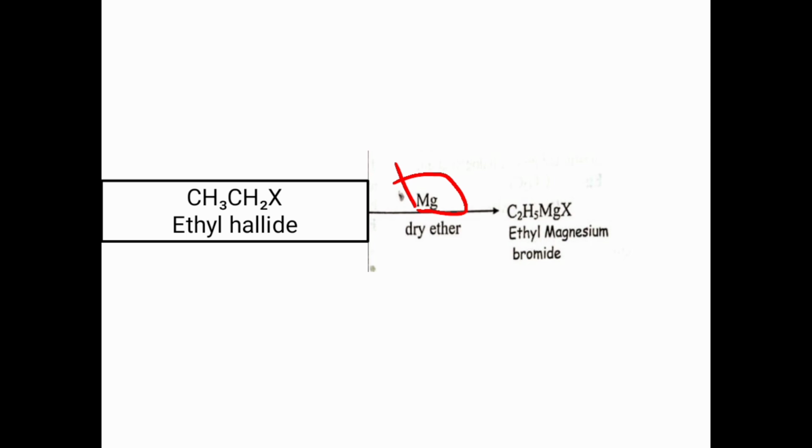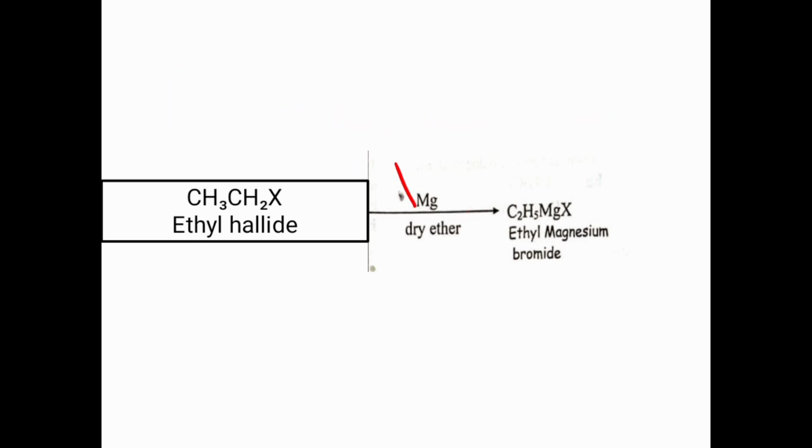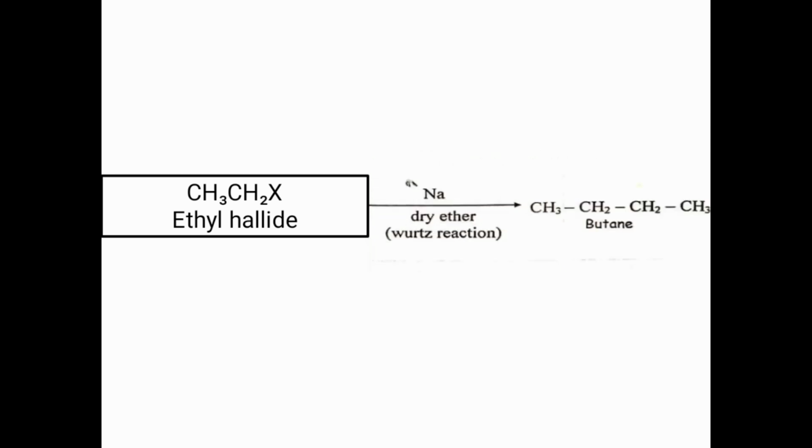This product is very famous and it is also known as Grignard reagent. We call this very important product Grignard reagent, and it is very important for many reactions. Let's go further. This is the preparation of Grignard reagent.